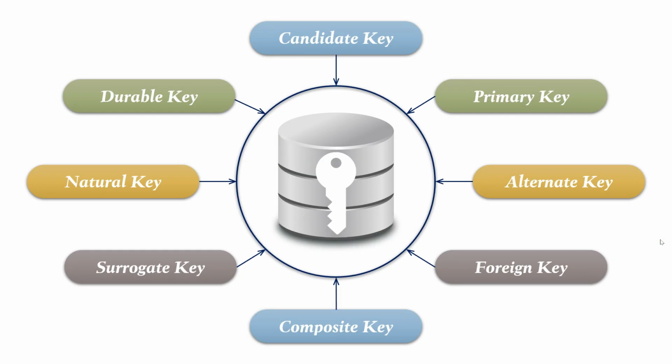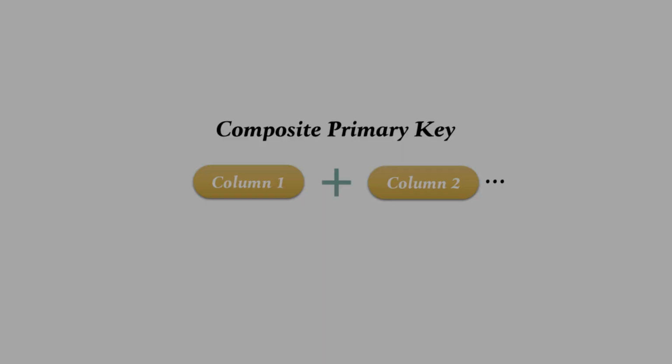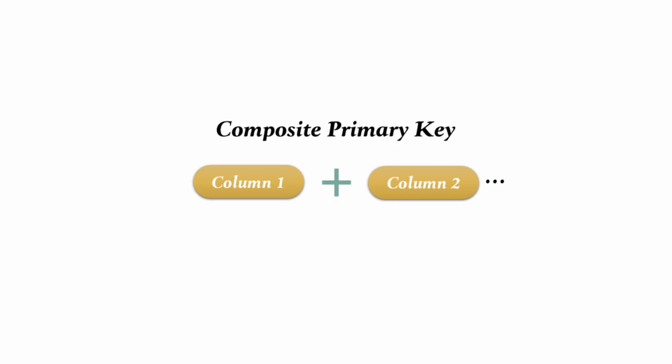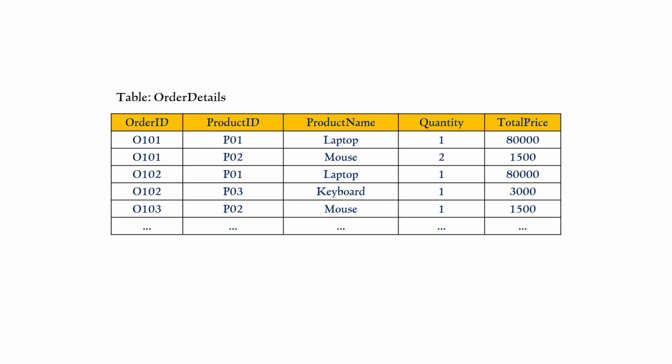Moving further, let's talk about composite key. A composite key is a primary key that is made up of more than one column. This is used when a single column alone cannot uniquely identify a record. For example, think about an order details table in an e-commerce system. An order can contain multiple products, and the same product can appear in multiple orders. So if we try using only order ID, it won't be unique.